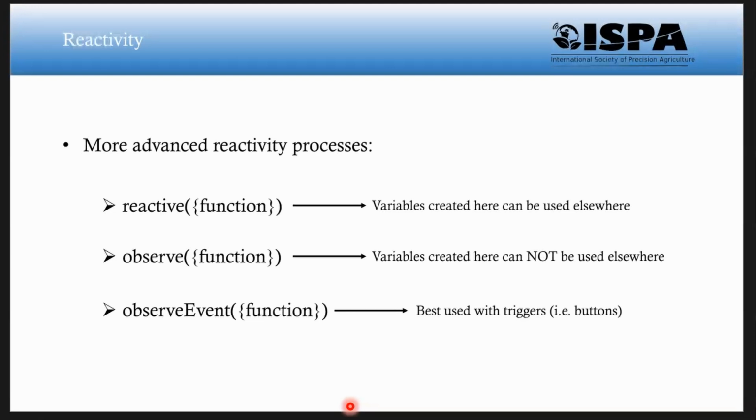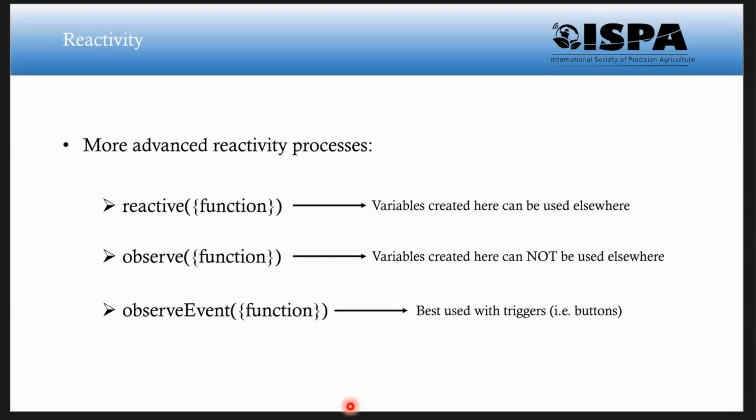And nowadays, we have a white presentation, so you can pay attention very well to the slides. More advanced directive processes that you can have are reactive, where you open the bracket and put the function inside. In this case, these three are the main ones that you can use for the beginning of your process.